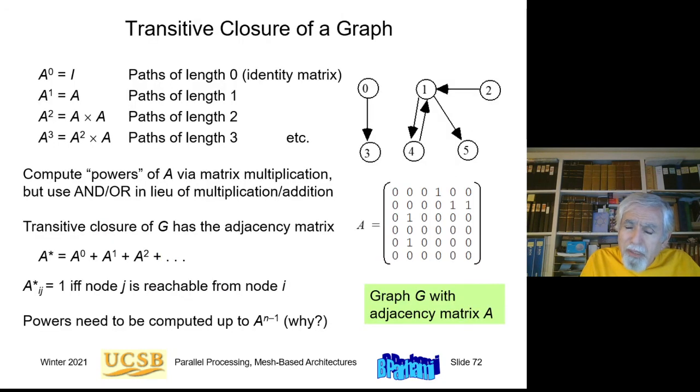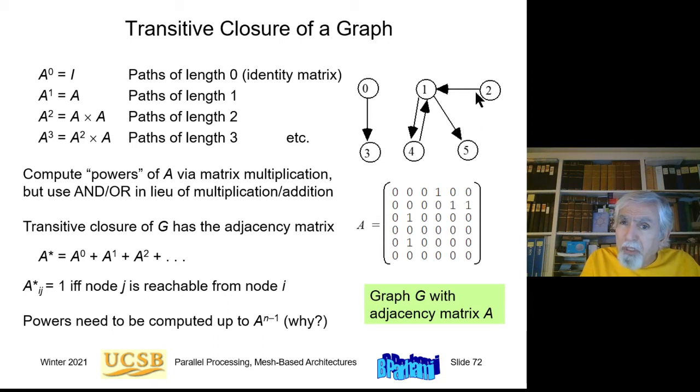One algorithm that is of interest to us, I'll just explain the objective of the algorithm without going into its detail. Given a graph with its adjacency matrix, which says which node is connected to which other node by a link, I want to find the transitive closure A star of this matrix, which shows which node is connected to which other node, not necessarily through a direct link, but through a path.